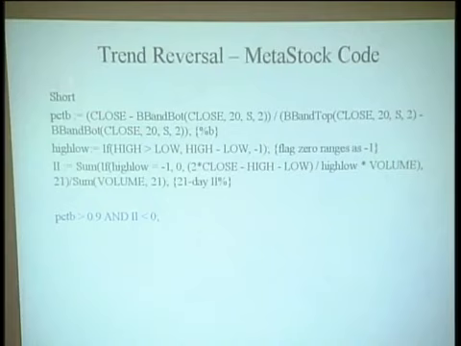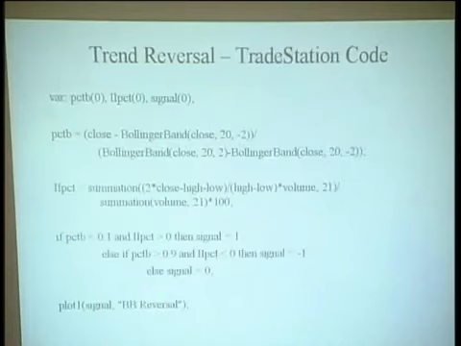Here's the short signal, percent B greater than 0.9, and intraday intensity less than 0. Same code examples for TradeStation. I don't think we need to really go through those.